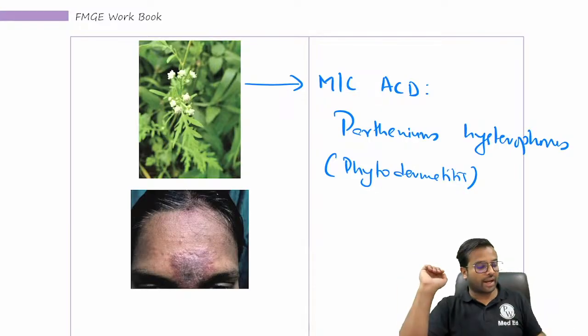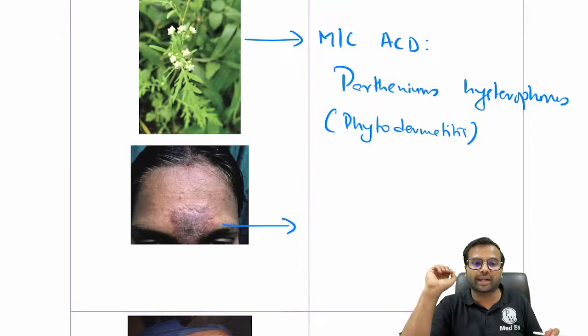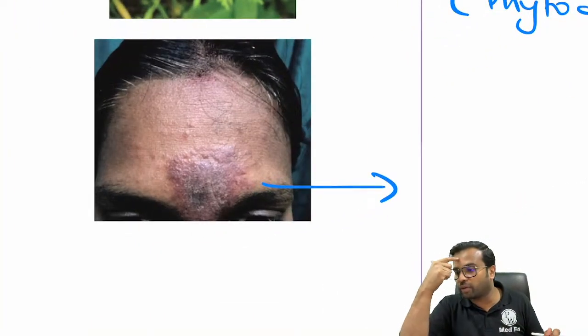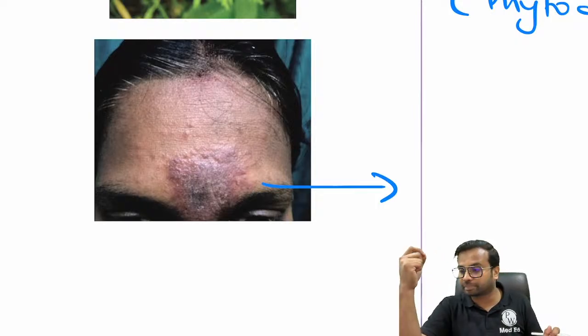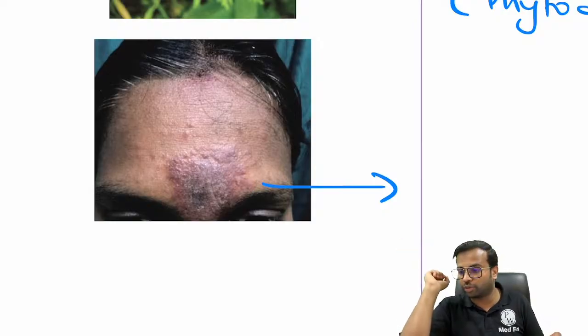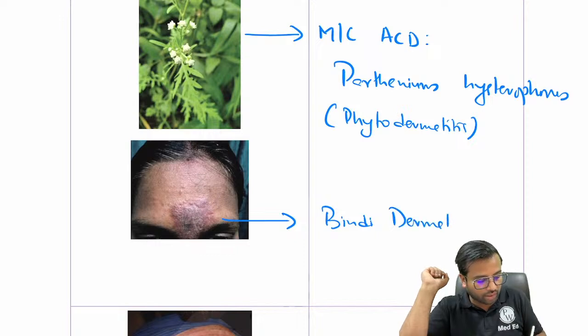Clear? Here is another image regarding contact dermatitis. What has happened to the forehead of this patient? You can see that the patient is having an allergic rash over the forehead, right? So this is bindi dermatitis.